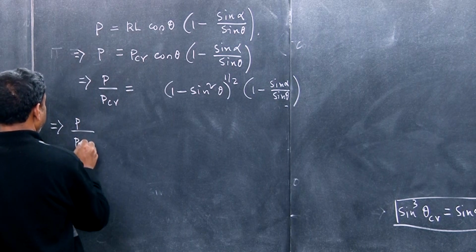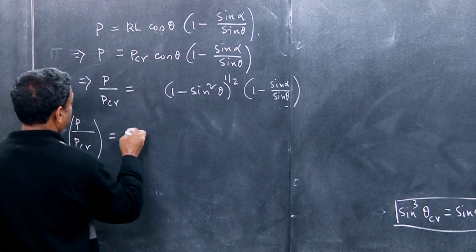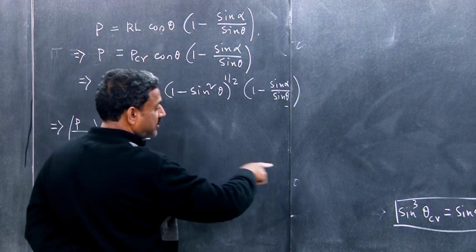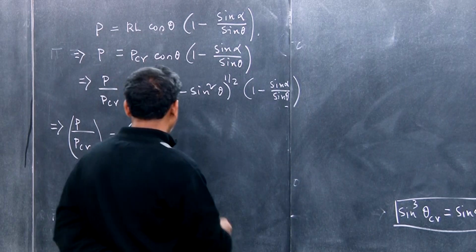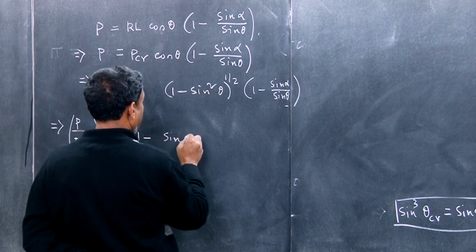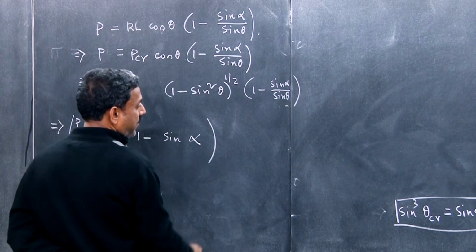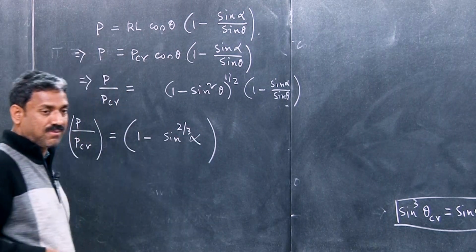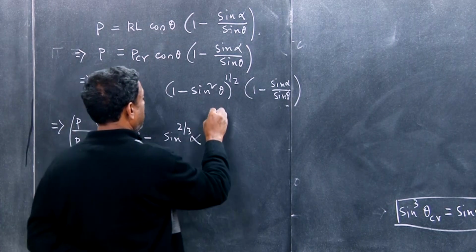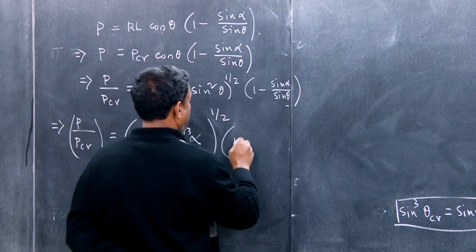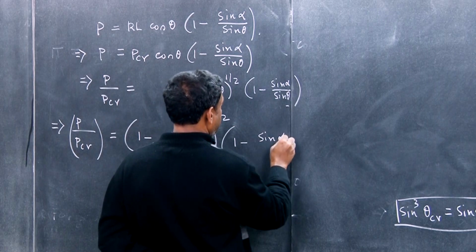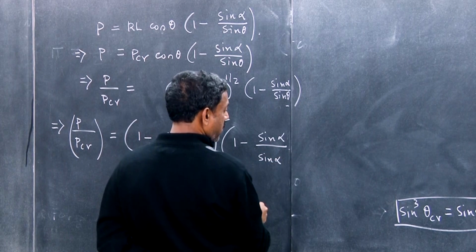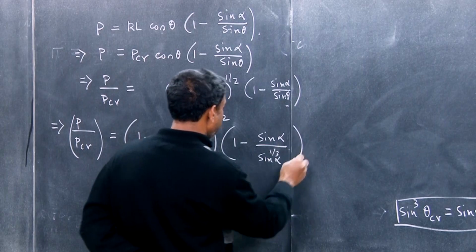So sine square theta will be sine alpha to the power 2 by 3, and sine theta is sine alpha to the power 1 by 3, right?